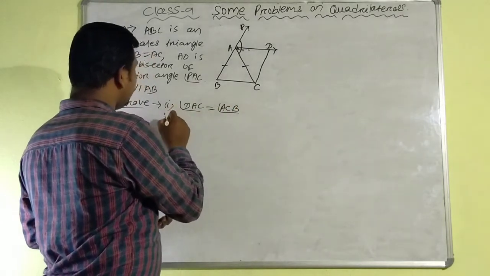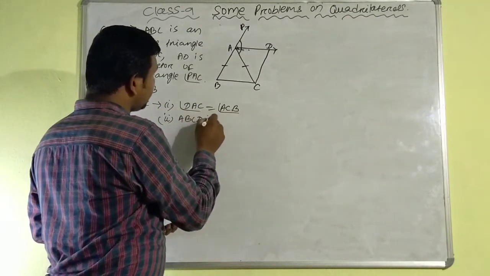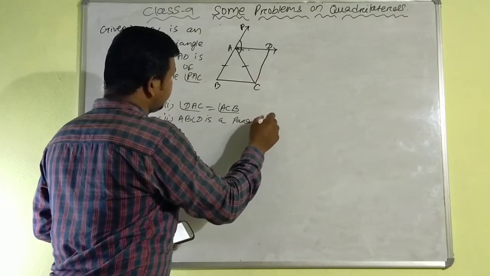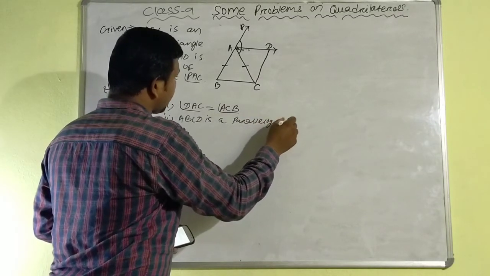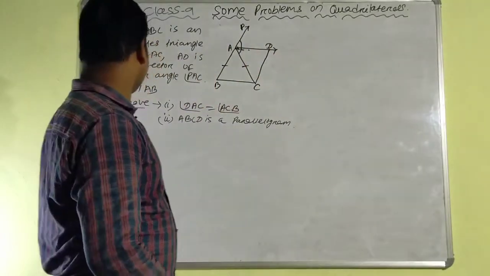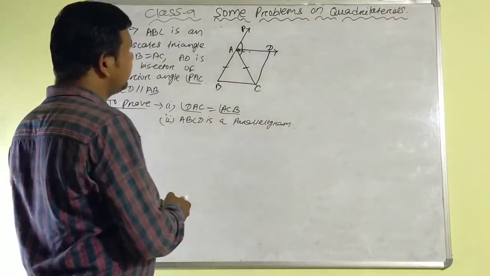Then bit 2, that ABCD is a parallelogram.